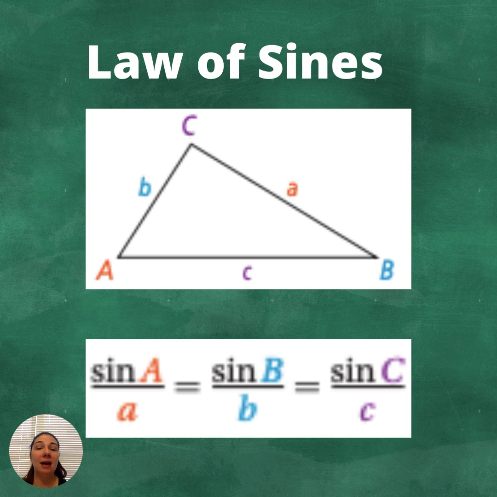Again, you're only going to have two ratios equal. It's not going to be three, but they're just saying that each of these ratios are equal. So if you don't have angle A and lowercase a, but you have B and C, that's why they give you this.